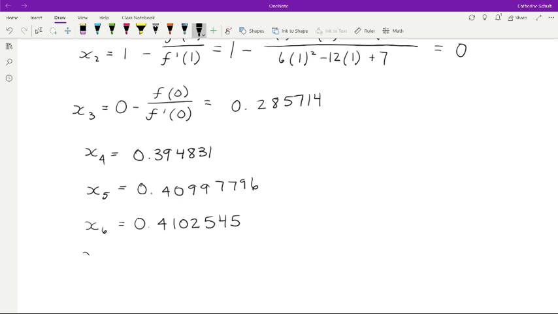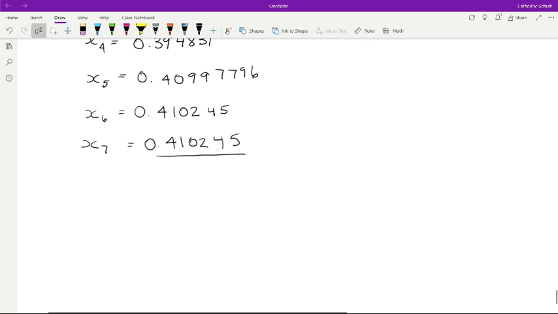All right, and then notice when we finally hit x7, 0.410245. And I think up here I had one too many. Sorry about that. All right, there you go. And then look at, we have a little bit of stability, and we have 1, 2, 3, 4, 5, 6 decimals.